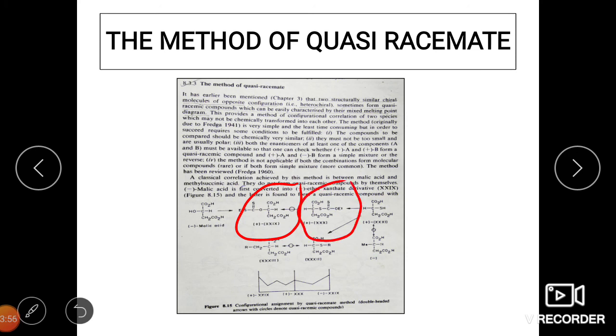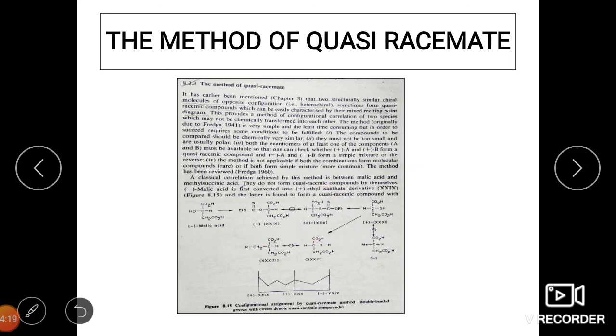So we can say that these two are quasi-racemates. And that is the structure you can see here, a quasi-racemate with the ethyl xanthate derivative. Now these two are the quasi-racemate.